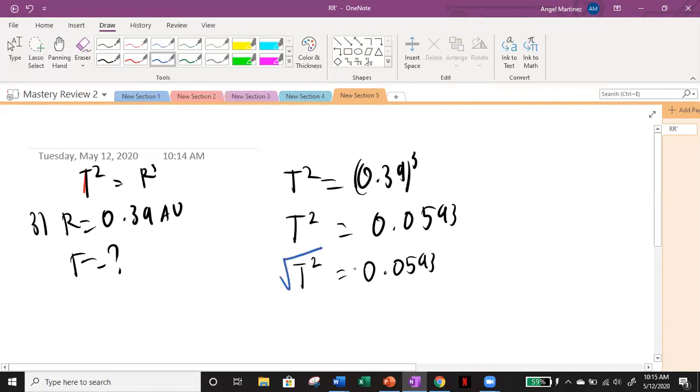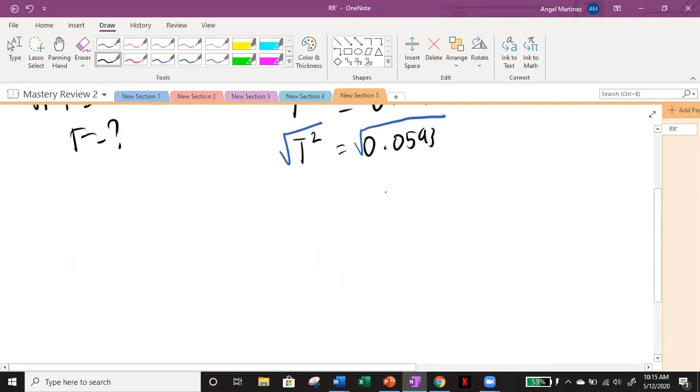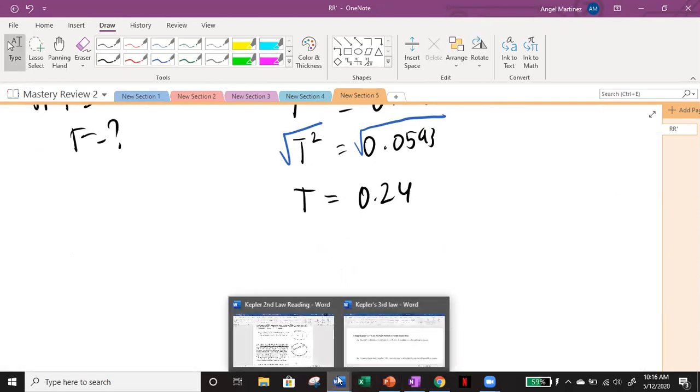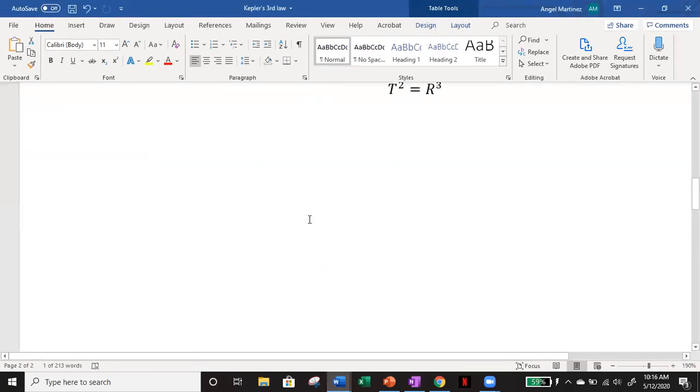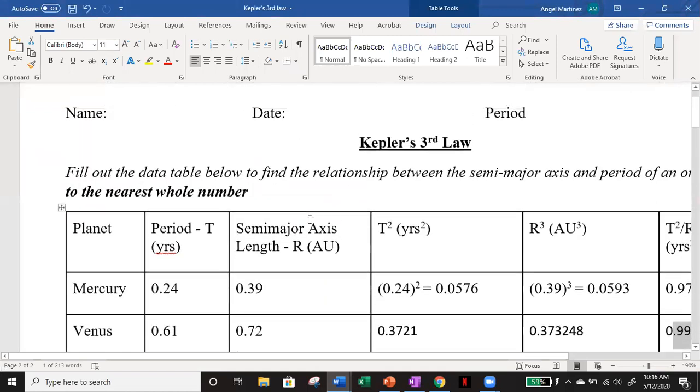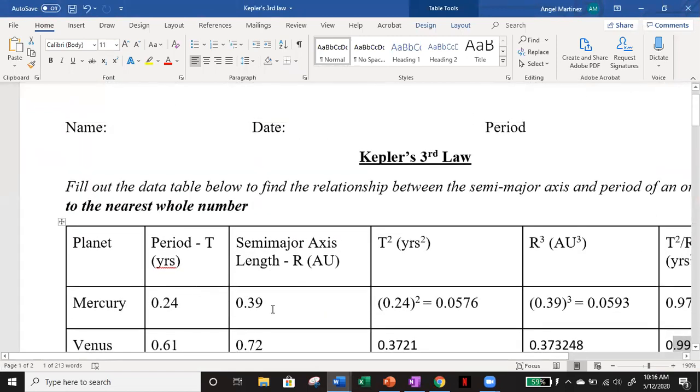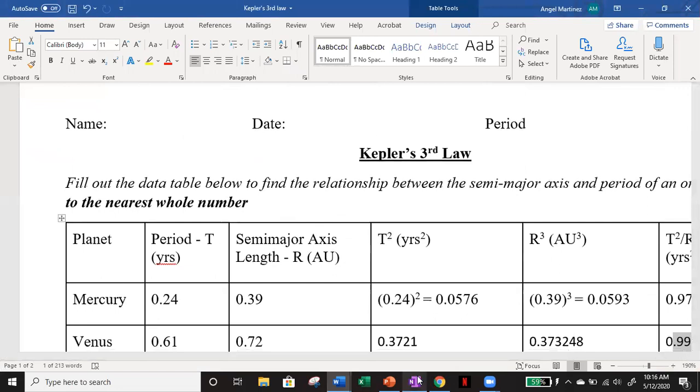So you take the square root of T squared and take the square root of this. The square root of T squared is T. And you take the square root of this, and you should get 0.24. And if you look at the table, that's the right number. Let me show that table again. This is based on Mercury. T is 0.24, R is 0.39, we got the right answer.